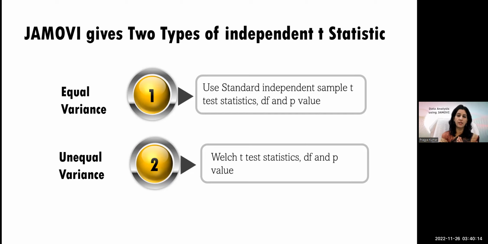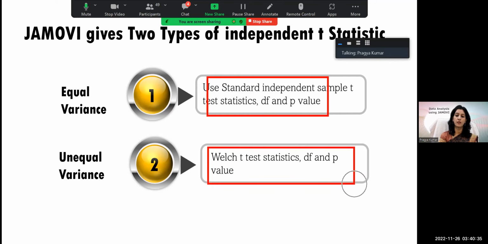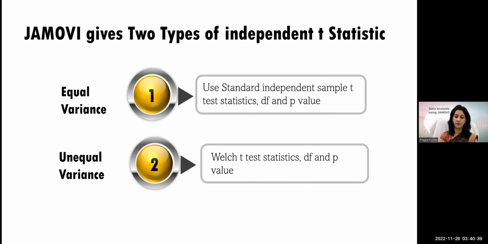So how do we decide? You see the p-value of the Levene statistic. If it is more than 0.05, that means there is homogeneity of variance. In that case, you use the standard independent sample t-test. If the homogeneity of variance is not met, that means there is unequal variance, then you report the Welch t statistic, its degree of freedom, and its p-value.